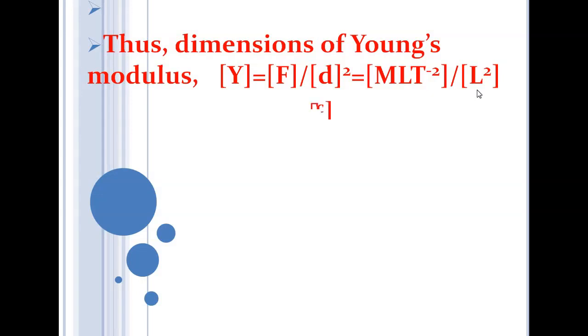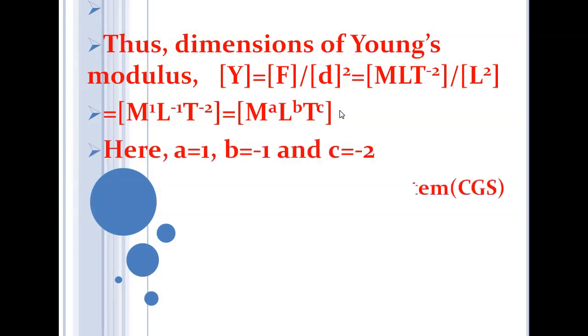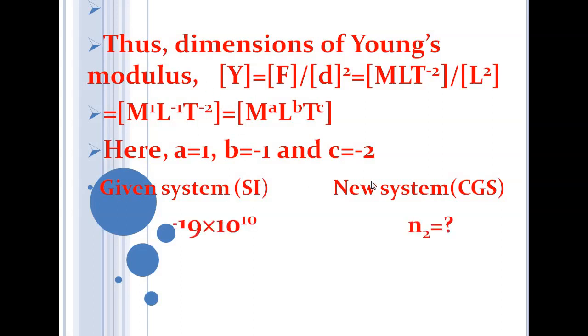Simplify it, we get M^1 L^-1 T^-2, and assume it as M^a L^b T^c. So dimensions are 1, minus 1 and minus 2. So a equals 1, b equals minus 1, and c equals minus 2. Now we have to convert from SI system to CGS.